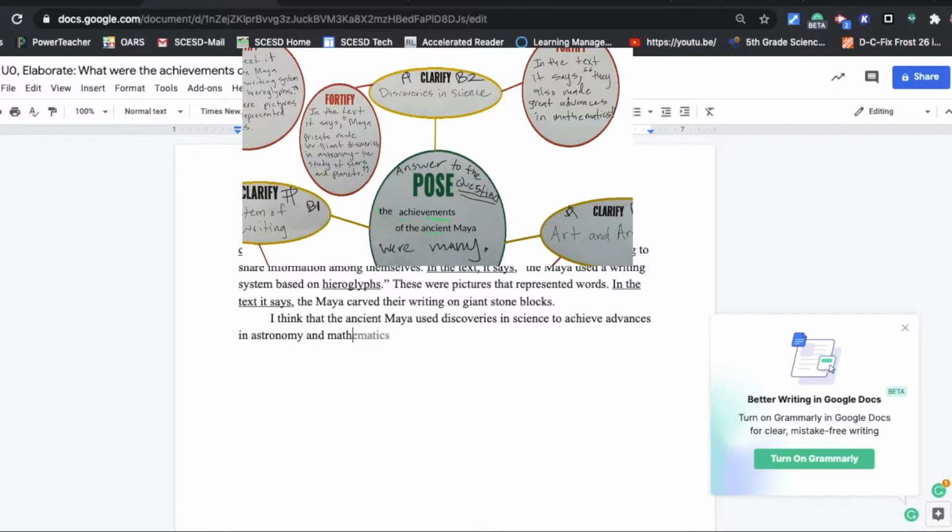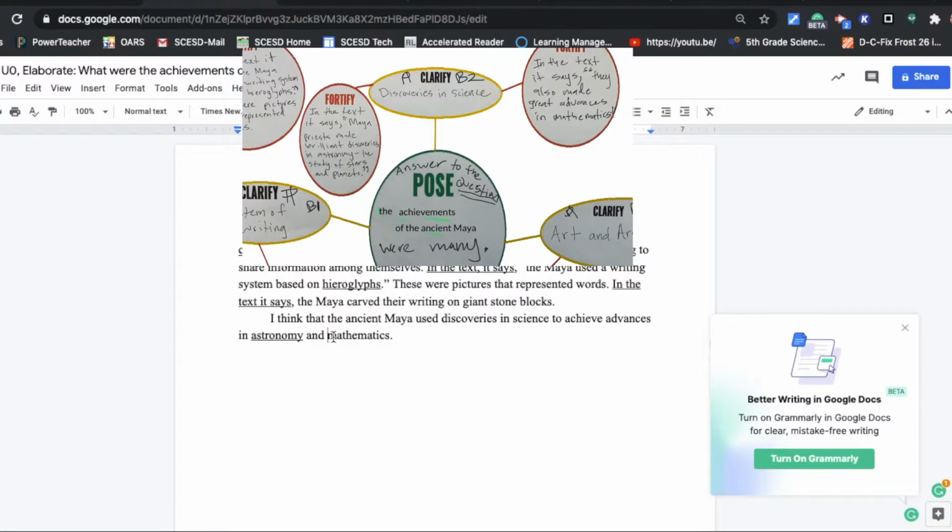You might be thinking, well, where am I getting all of this information from? Well, I'm not making this up. I'm just getting it from what we already did on the mind map. Over here it says they had great advances in mathematics, okay? And in this one it says priests made brilliant discoveries in astronomy, that's the study of stars and planets. So we know that astronomy is going to be a content-specific word, so I can actually underline that.